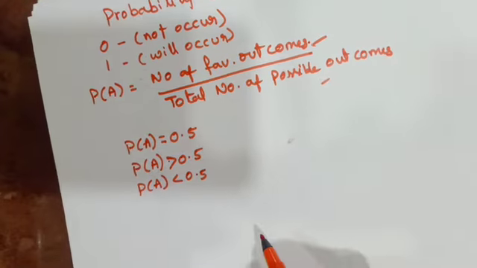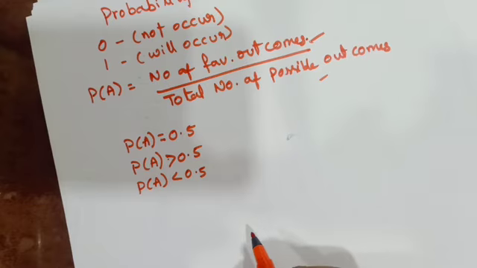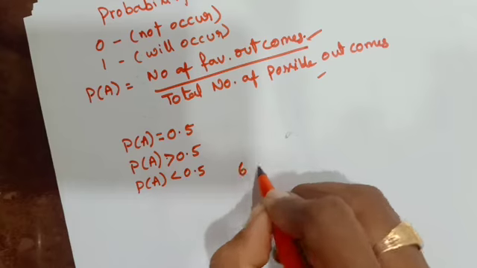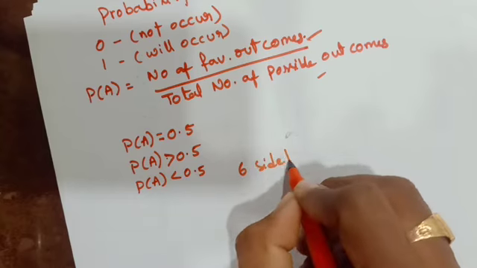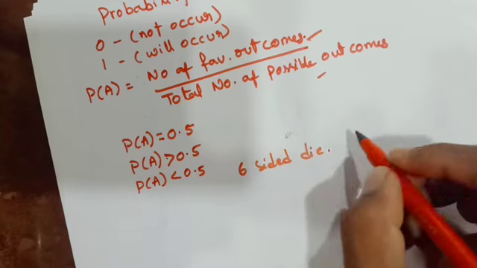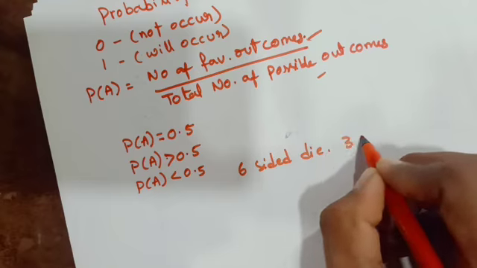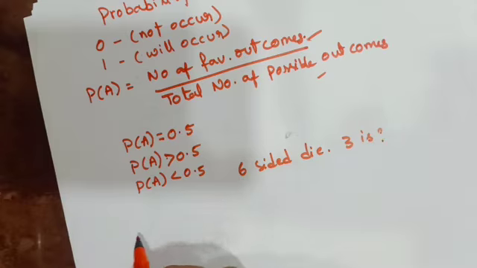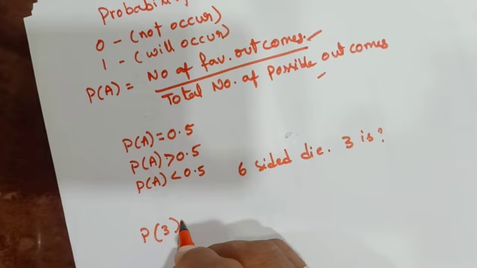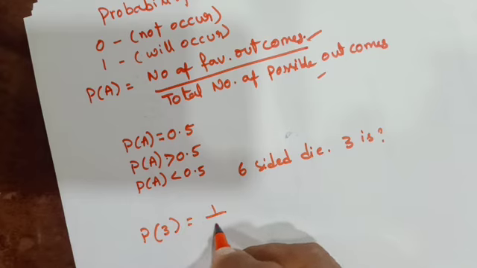Say for example, suppose I am rolling a fair six-sided die. The probability of rolling a 3 is, so how much? I can say the event is rolling a 3, so the probability will be 1 by 6.